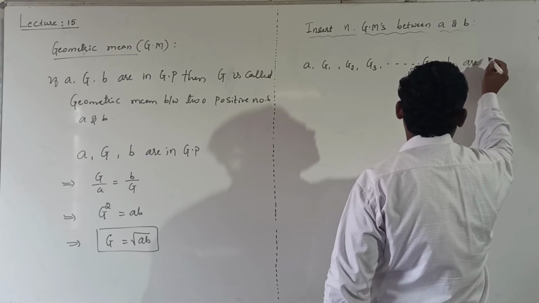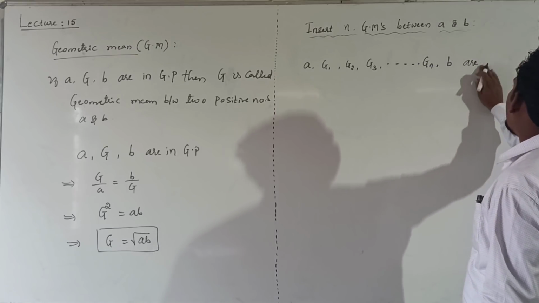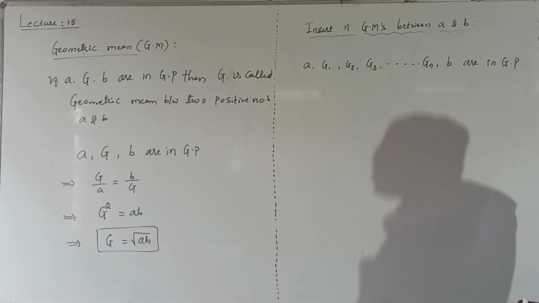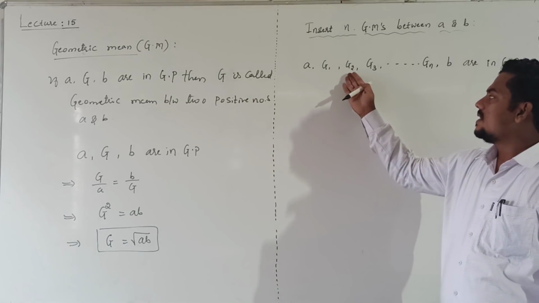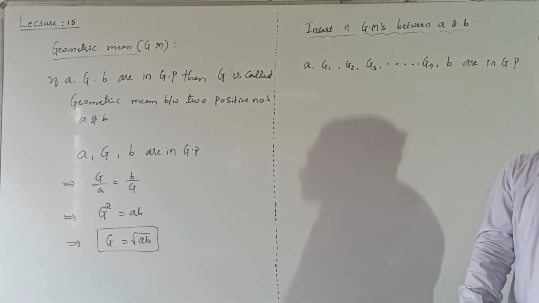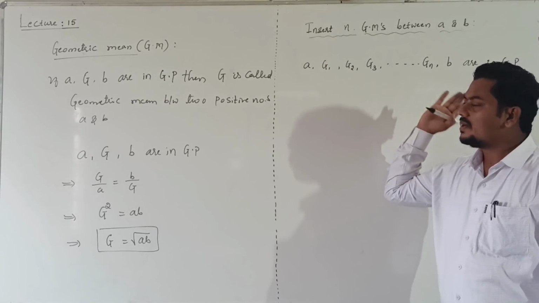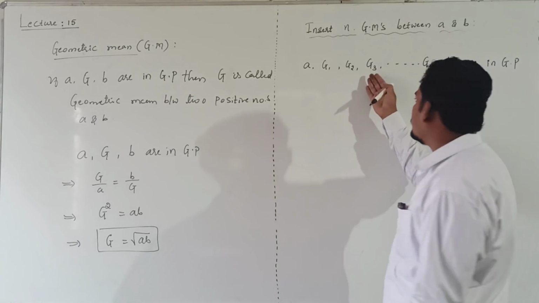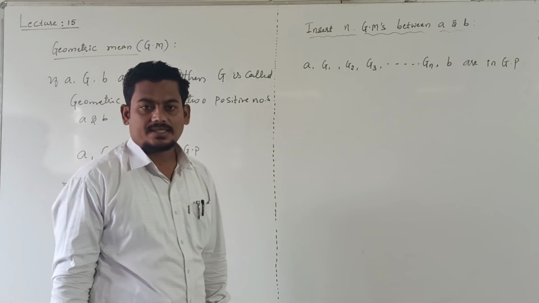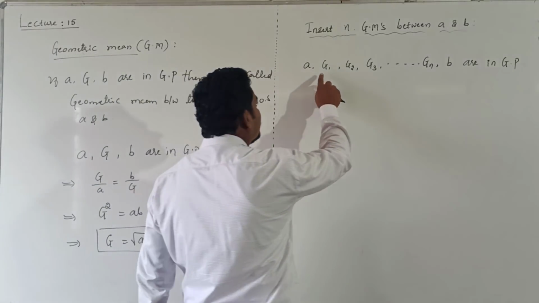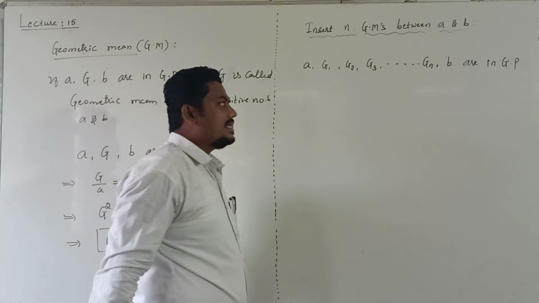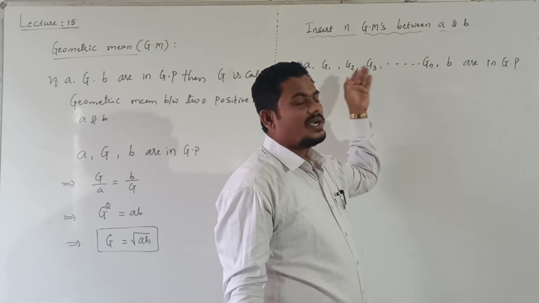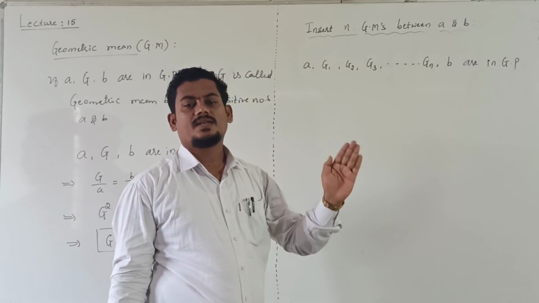Then clearly the sequence is in GP. Then only G1, G2, G3 are geometric means. These numbers are in GP. We should insert n numbers in between A and B such that the resulting sequence is GP.